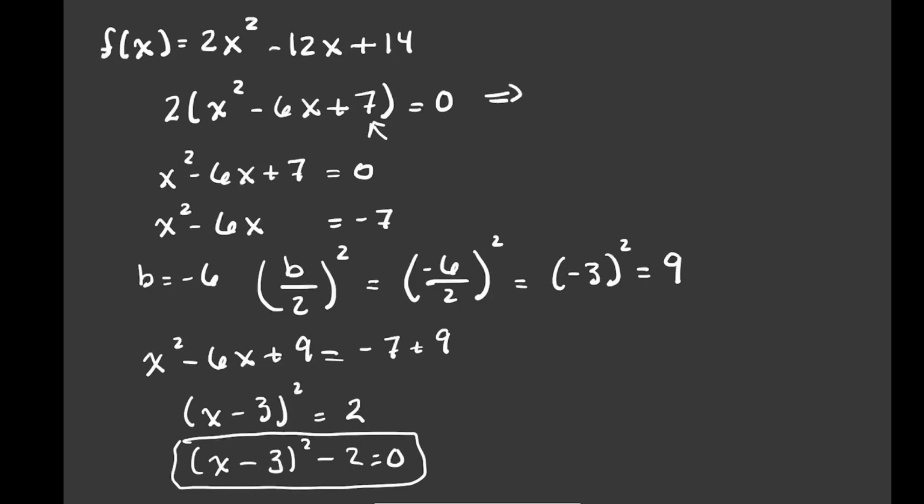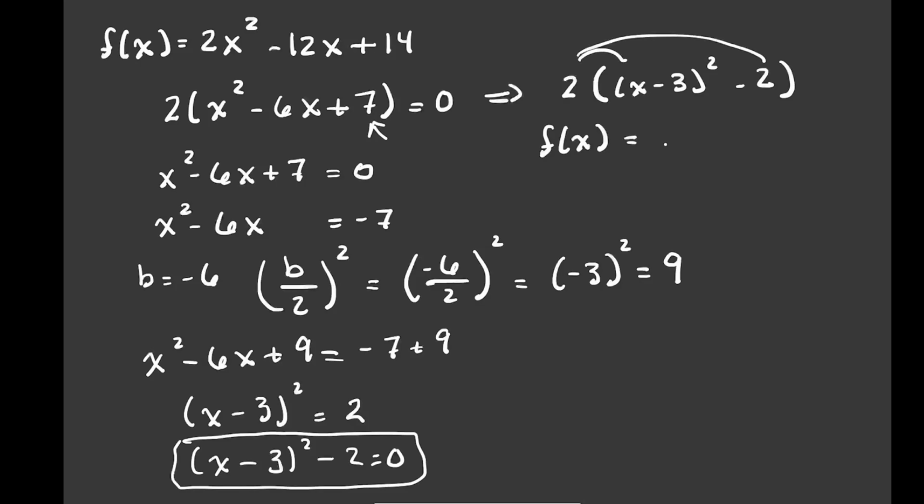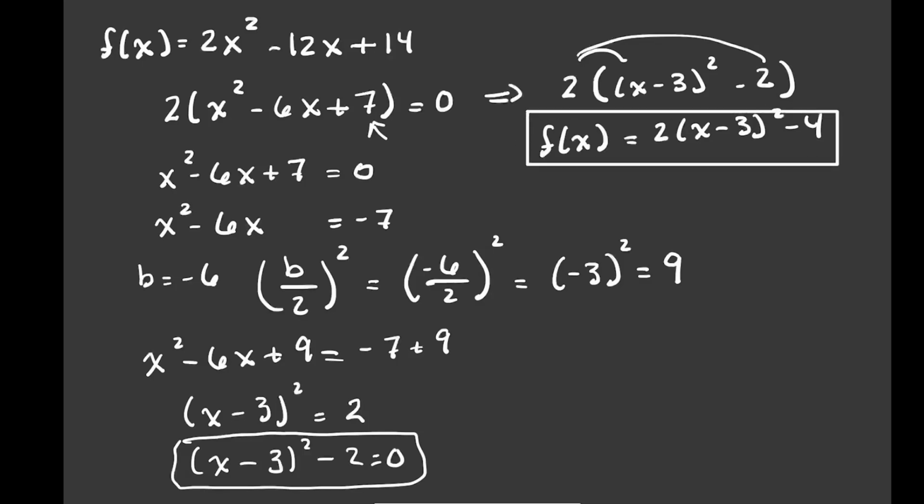So from here, I'm going to have 2 times whatever I obtain here, which is (x minus 3) squared minus 2. Now I am just going to put this 2 inside of each term of my parentheses and get rid of that parenthesis. That gives me 2 times (x minus 3) squared minus 4. And notice that this answer is exactly what we got from our previous solution.